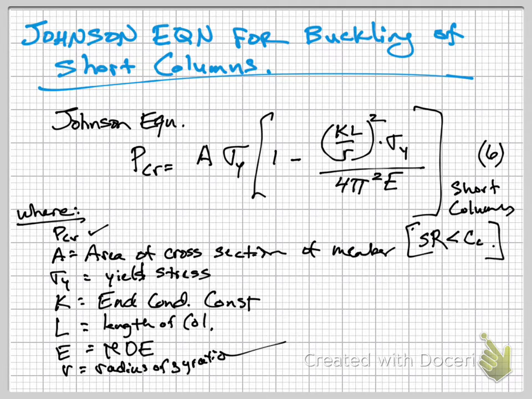Okay, let's go ahead and do an example problem. If we already did one with Euler, do you think this particular example problem is going to still be Euler? I would guess not. Example 2. We are given a 4-foot long column, so our L is 48 inches.